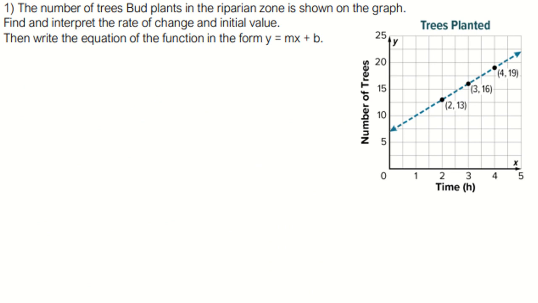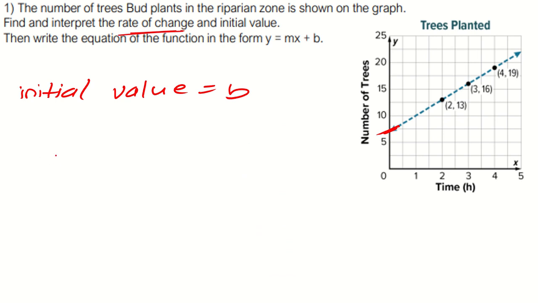Now what is this one? The number of tree birds planted in the riparian zone is shown in the graph. Find and interpret the rate of change and the initial value. Initial value means where it is cutting the y-axis. So the initial value is, students, you can see this is a free response question. Initial value is 5, and then the rate of change.